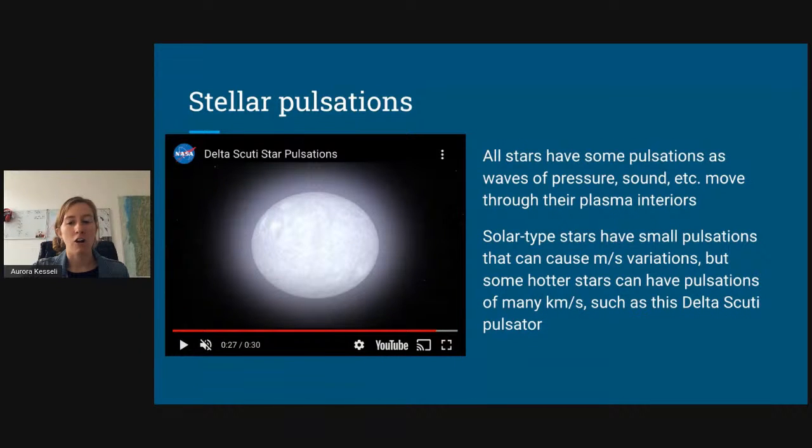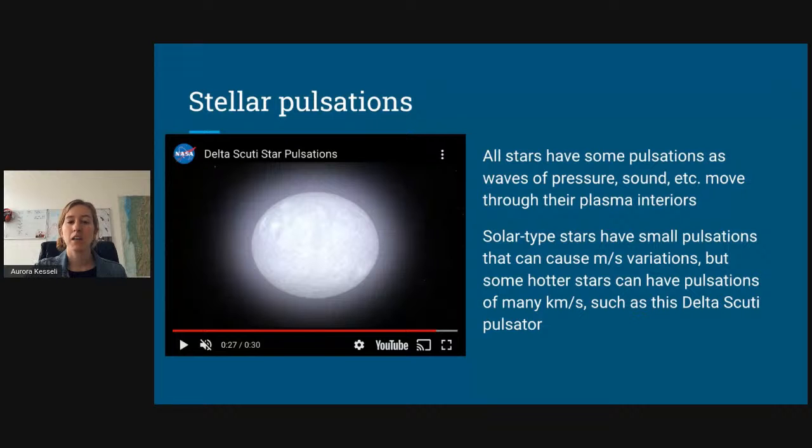And there are some exoplanets that have been found around these type of delta Scuti pulsators, and it has made it much more difficult to characterize the exoplanets that have been found around them. Actually, the star that we have been looking at, WASP-33, where we looked at the rotational broadening, is a delta Scuti pulsator.